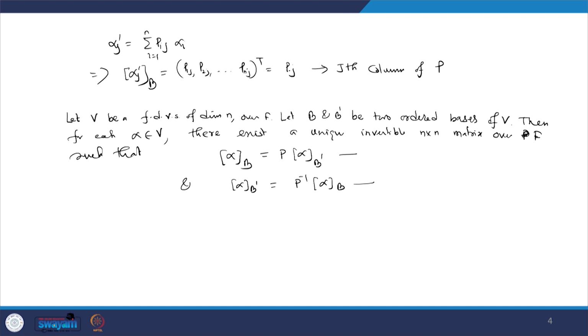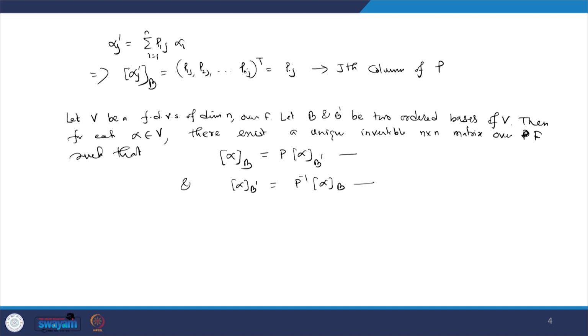Now, suppose V is a finite dimensional vector space over the field, say capital F, and B is an ordered basis for V, this is given to us. Now, suppose an n cross n invertible matrix P is also given to us.